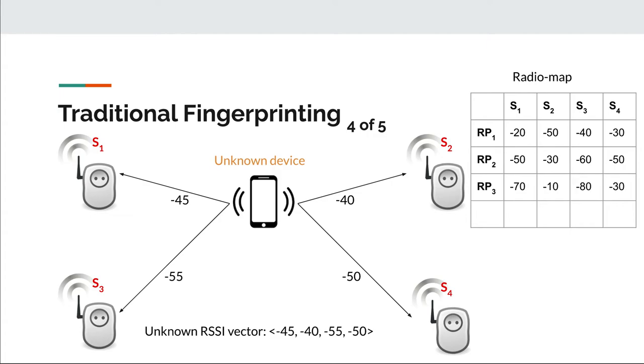After the radio map is constructed, we enter the online phase where we perform localization on an unknown device. As the unknown device sends out probe requests, the sensors can pick up its RSSI measurements. Thus, the location of the unknown device can be represented by an RSSI vector. And in our case here, we can say the location of the unknown device is characterized by RSSI vector -45, -40, -55, and -50.